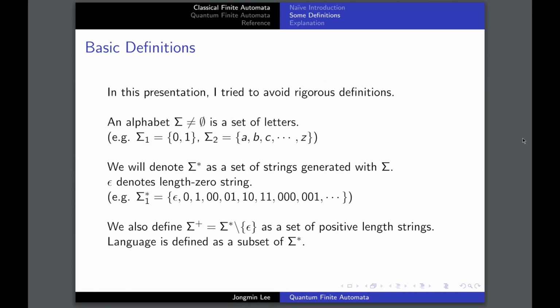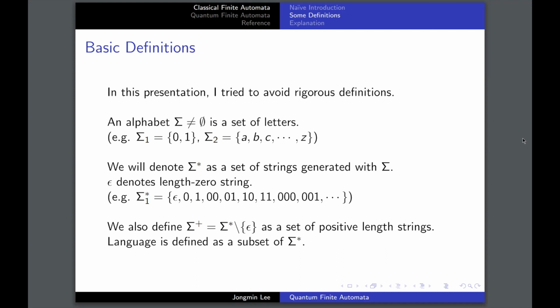To define a classical finite automaton, we need some mathematical definitions. I avoided overly rigorous things, but it is necessary to explain. Our alphabet is denoted as capital sigma, and this is a set of letters such as 0 and 1 or A to Z. We denote sigma star as the set of strings generated with sigma, and epsilon denotes the length 0 string.